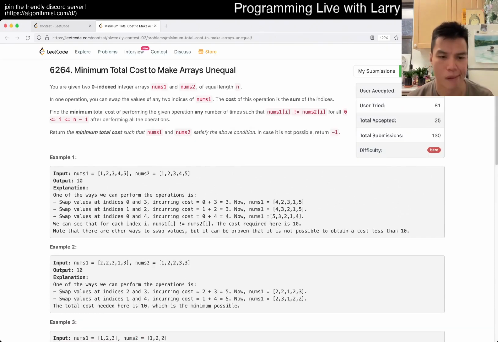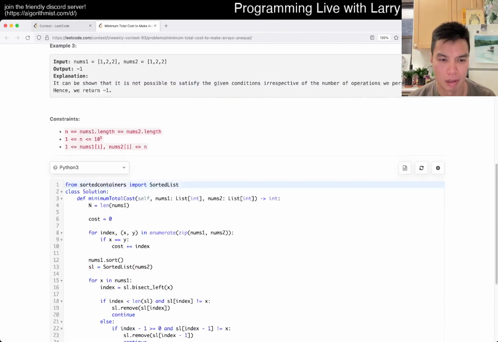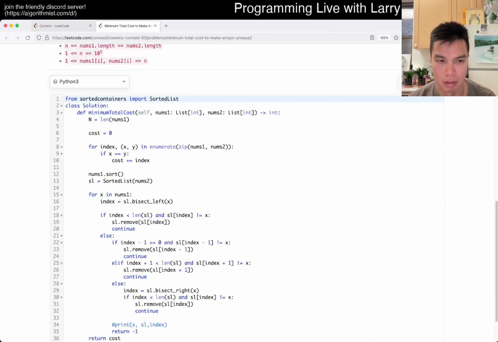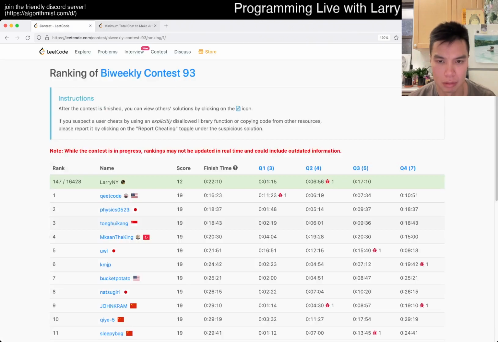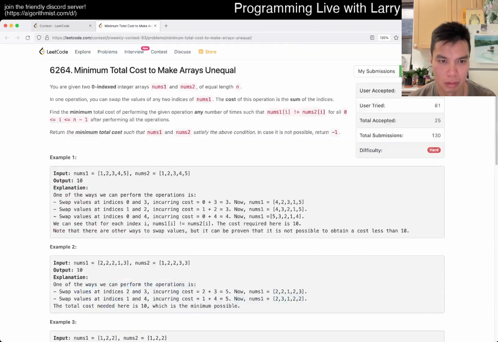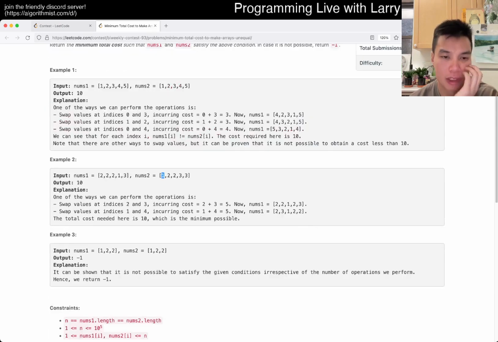Huh. So we can't just even, because we definitely want to use 0 as the swap as possible, and we still can.